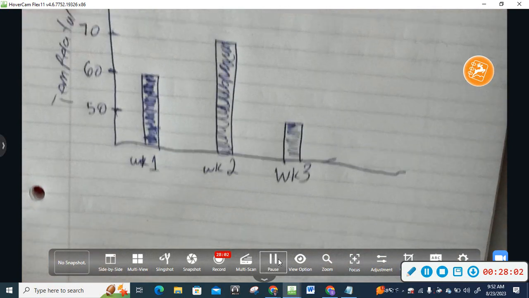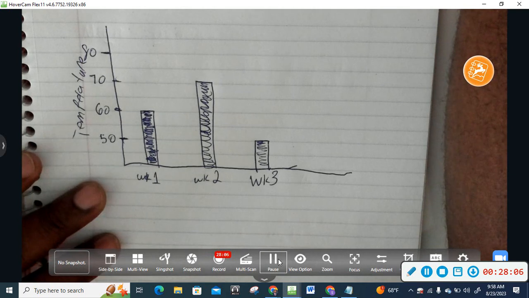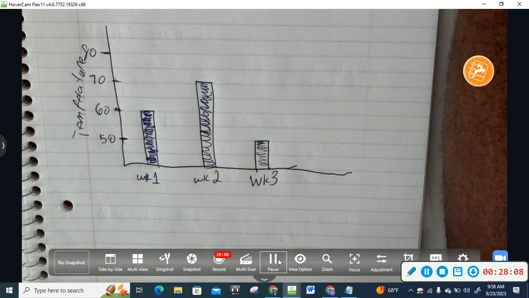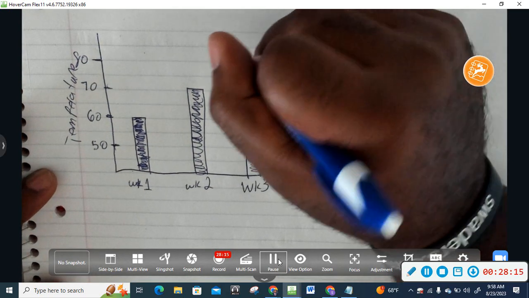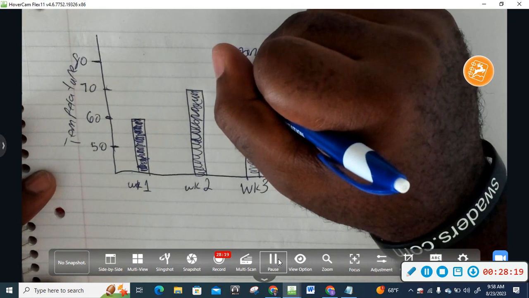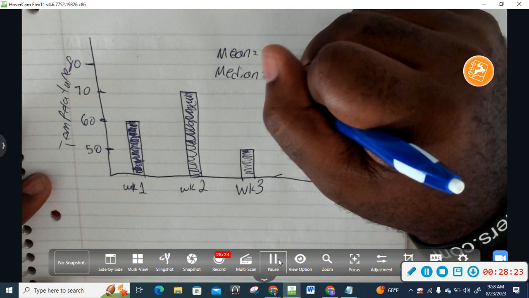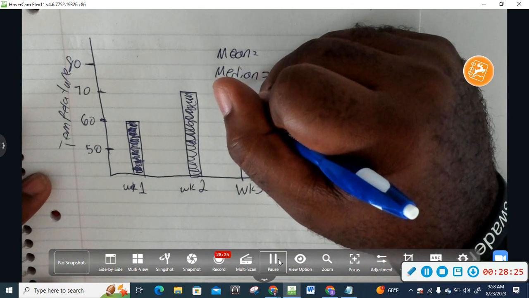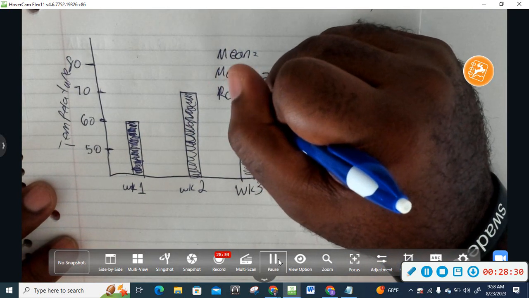All right, so here's another way you can get mean, median, and mode. We don't have a mode on this one, so let's just think about mean, median, and range.